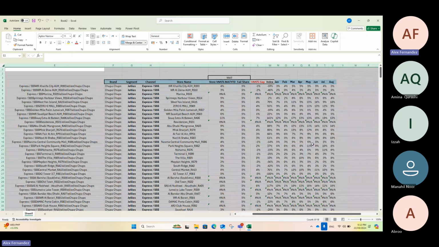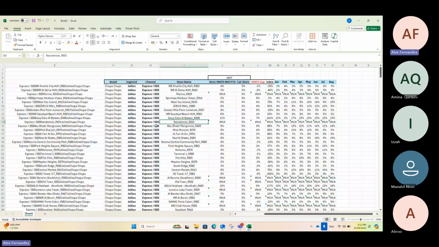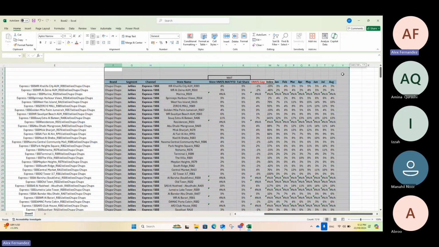That's it. We have it. In this store, there was no sales for Chupa Chups, and that's why it's an NA. So we take this one here.